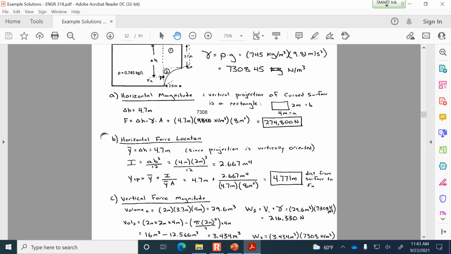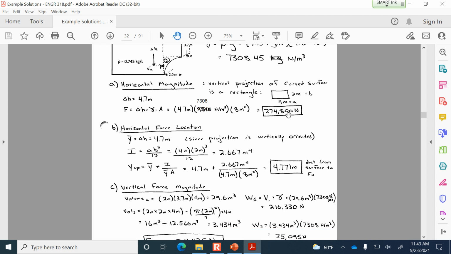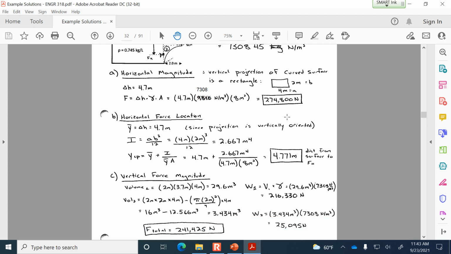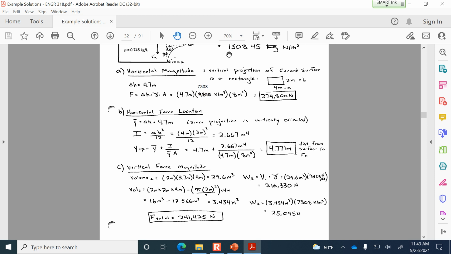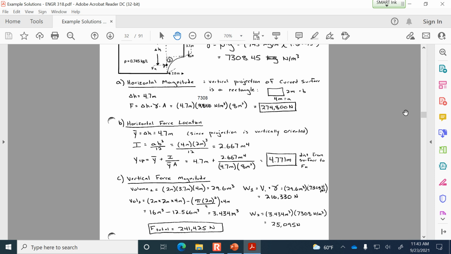So the volume of element 2 is the 16 cubic meters of the overall rectangular volume, minus the quarter circle volume that's been extracted out, which is 12.5 cubic meters. What's left over is 3.43 cubic meters, and from that we can find the weight of element 2 and the overall weight that's vertically acting down, 241 kilonewtons.